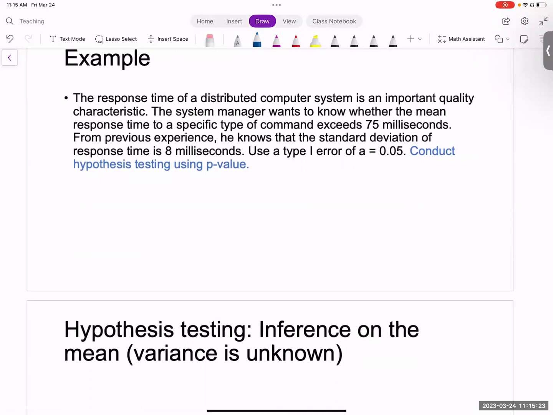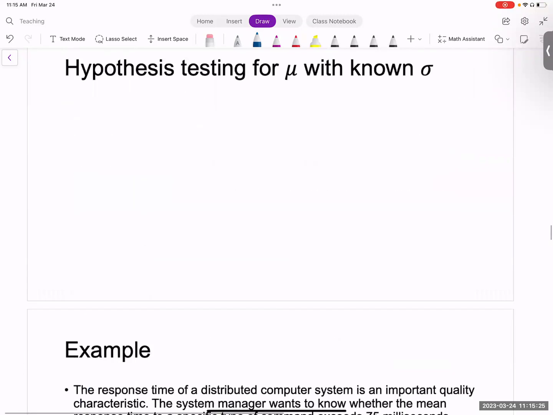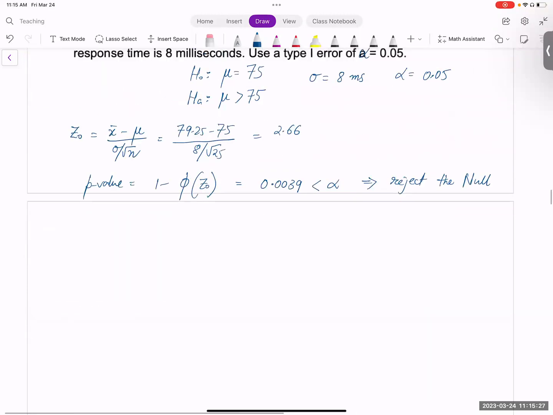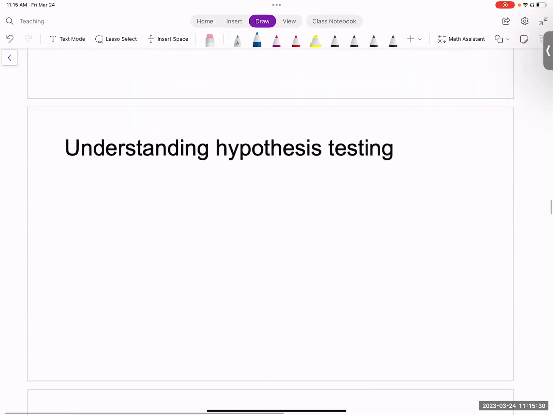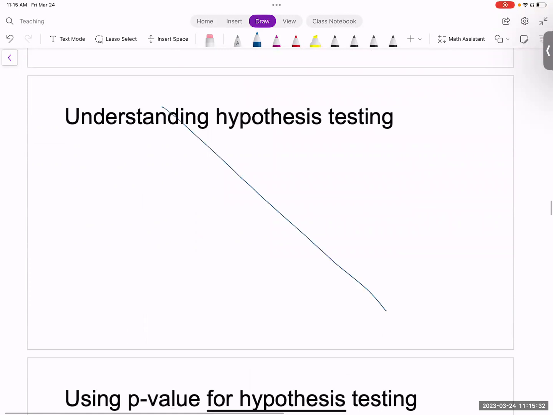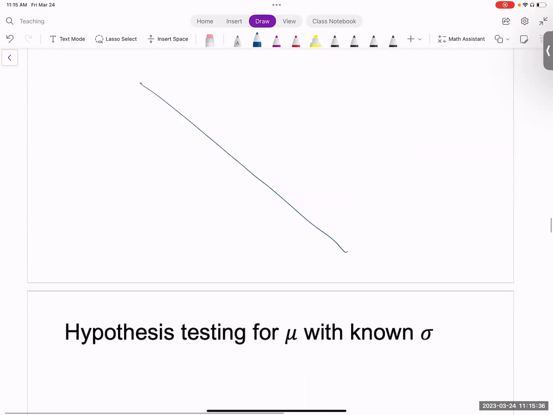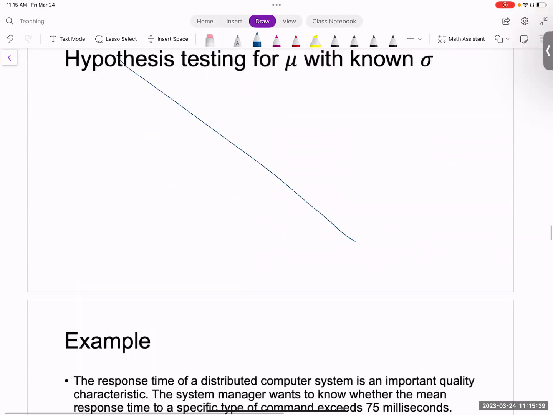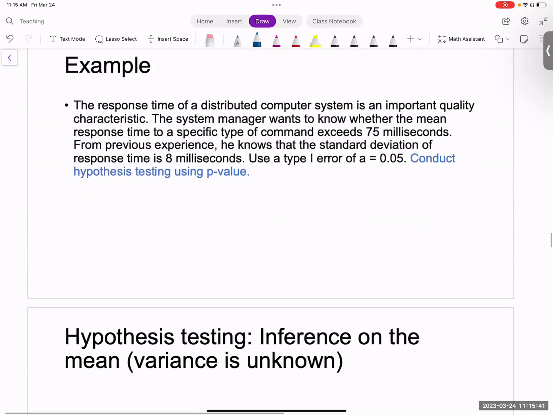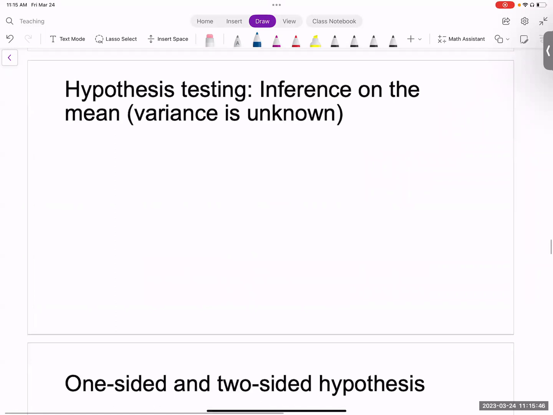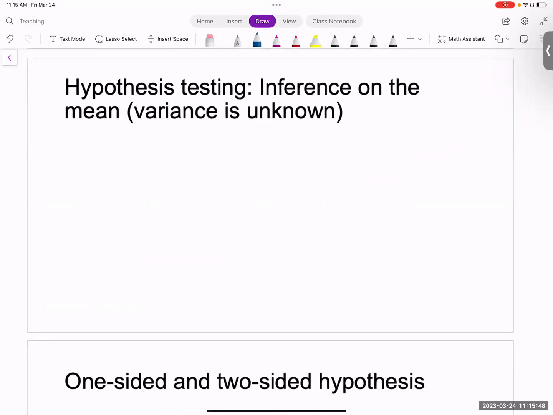It seems some of the slides got replicated, so we can skip these slides. This is the problem that we have just done. But now we are back here. So let's start with the case where the standard deviation, or the variance, is unknown.